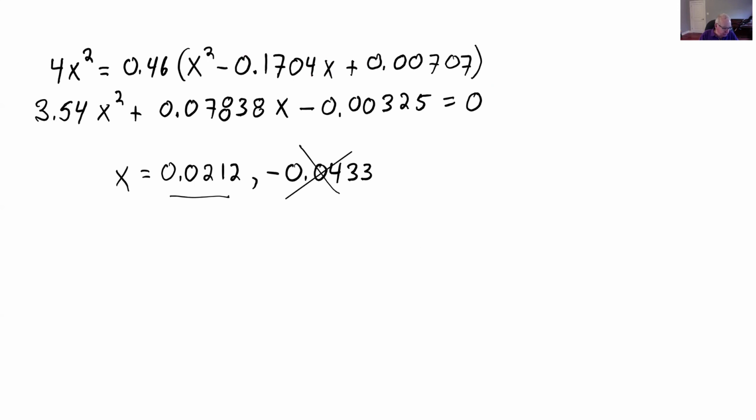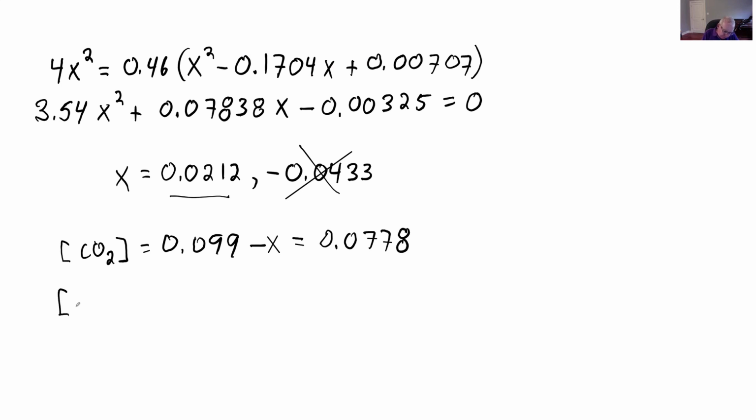And then that gives me my final concentrations, which said the CO2, that one was equal to 0.099 minus x, and that's 0.0778.